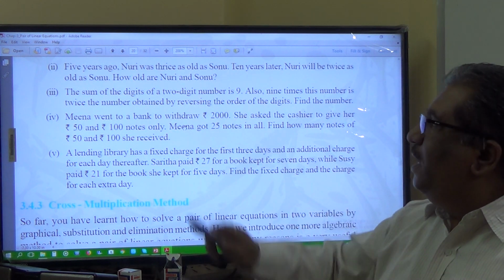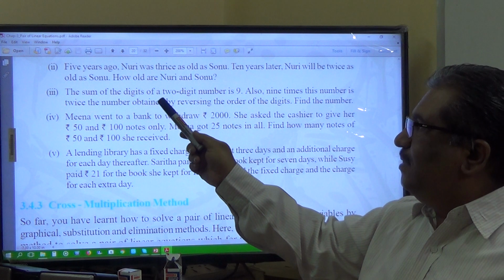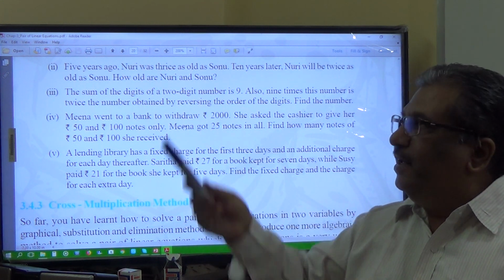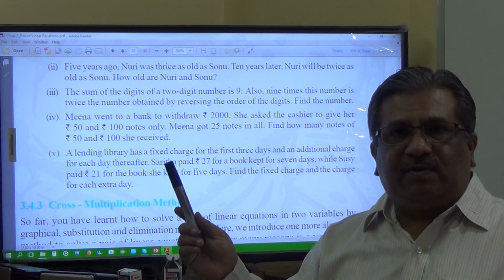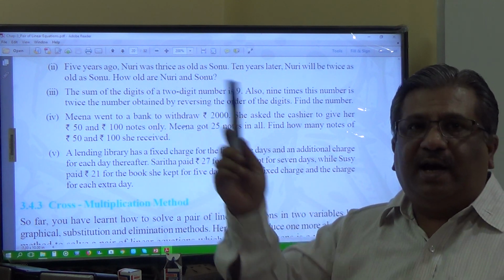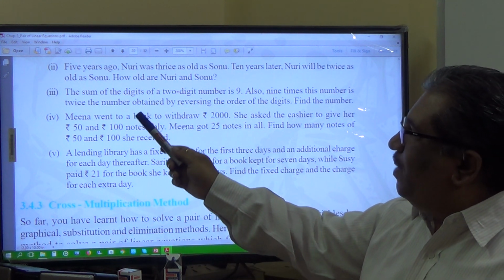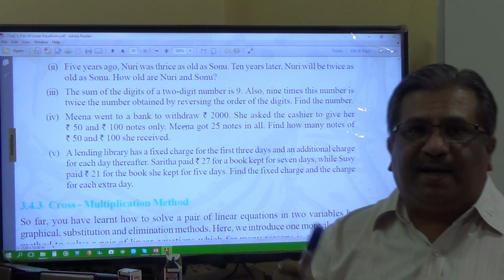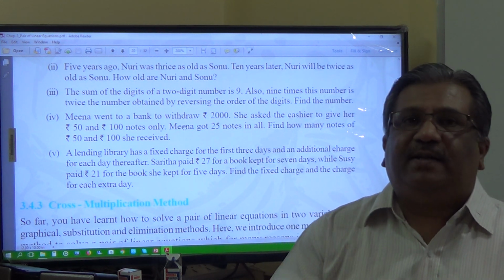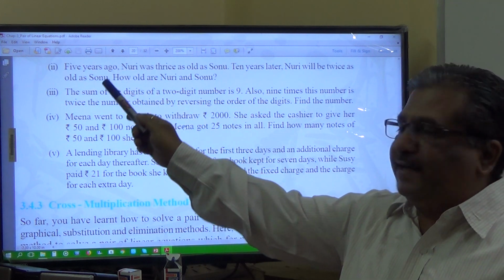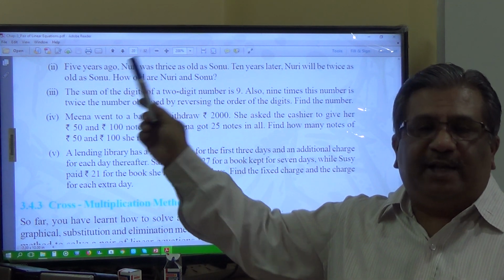If the present age of Noori is X, 5 years ago she was X minus 5. Age related problem, I have already solved a couple of problems. So I leave this as a homework and I take the next sum, which is very important. That is a sum based on a 2-digit number where a little bit of conceptual explanation is required. Make sure that you solve the second question related to the age problem.